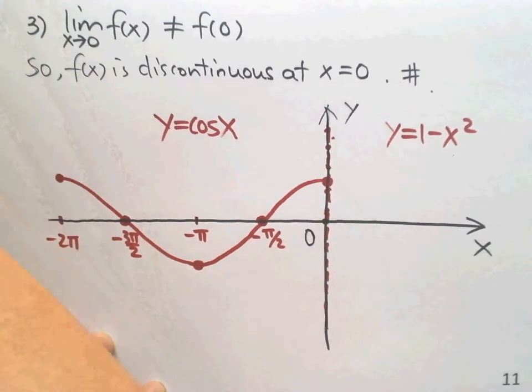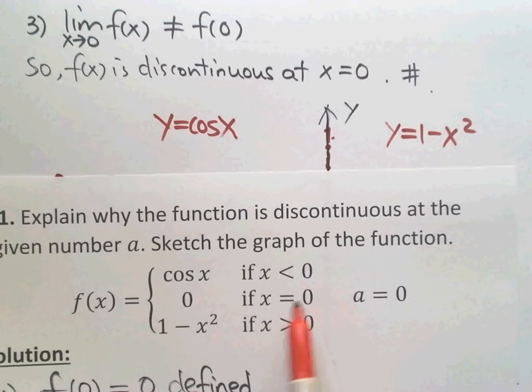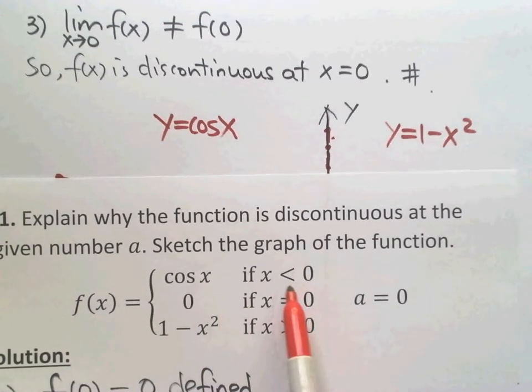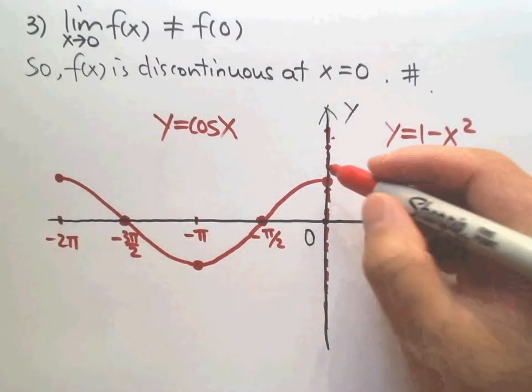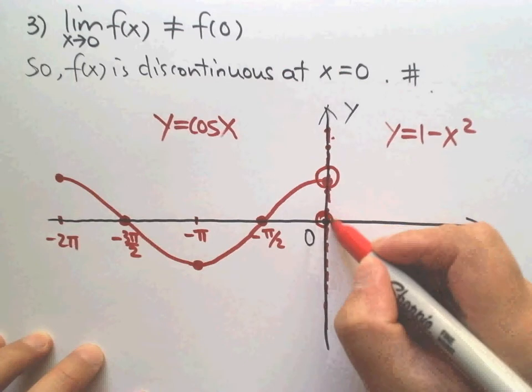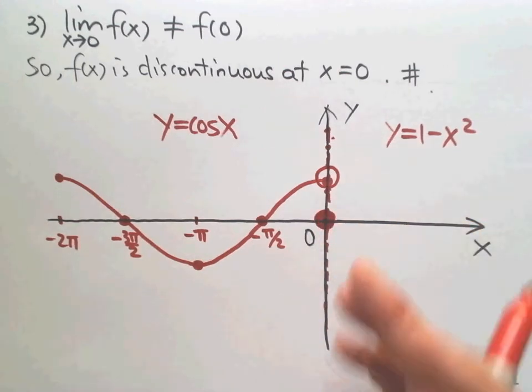Of course, I need to consider whether this point is solid or empty. Be sure. When x equals 0, the value is 0. It's not at cosine x, right? This is not equal to 0. So I have to change a little bit. Here I need to put a big empty circle, so the function value goes down to here.